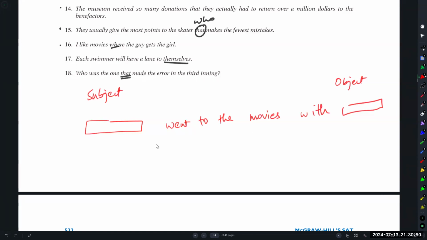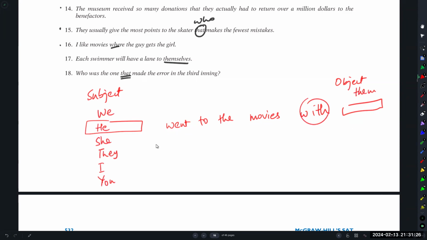With is making this the object. He went to the party with me. So: he, she, they, I, you, we, them.